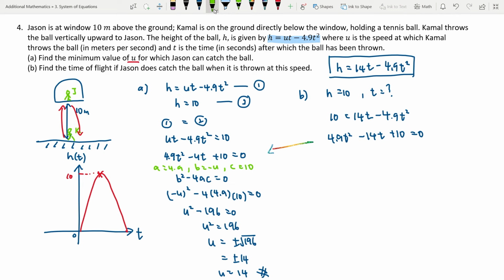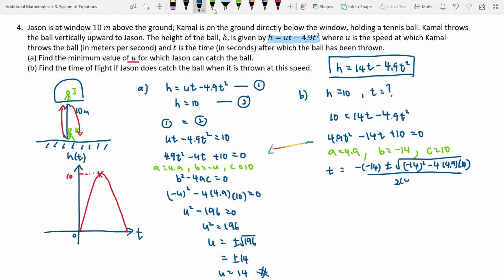As we got from part A, a is 4.9, b is negative 14, and c is 10. Our t is equal to negative b plus minus the square root of b squared minus 4ac, over 2a.